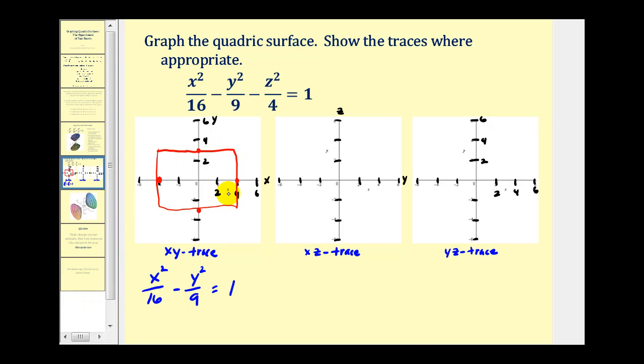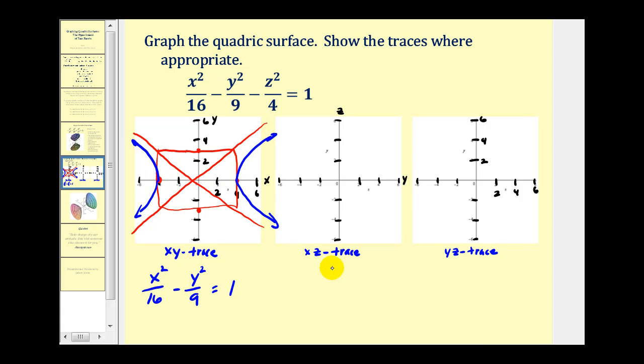Remember, the diagonals of the rectangle will be the asymptotes. Let's go ahead and sketch those. And again, because we know this hyperbola opens left and right, it would look something like this, approaching the asymptotes from the vertices.